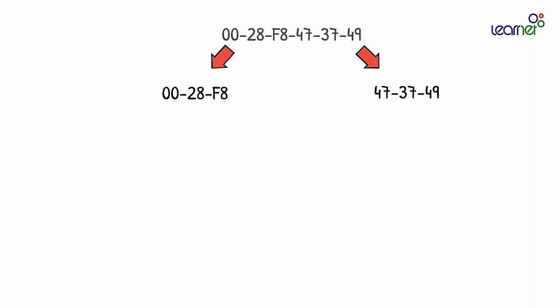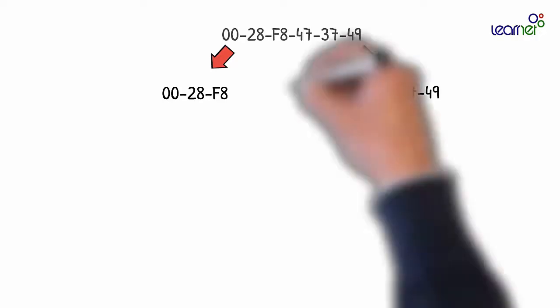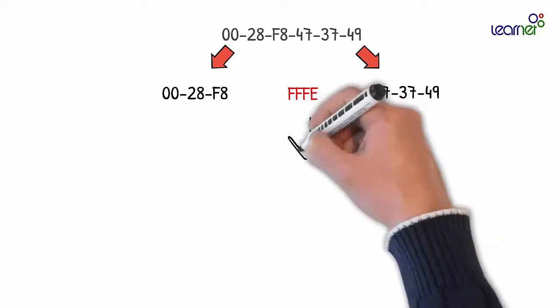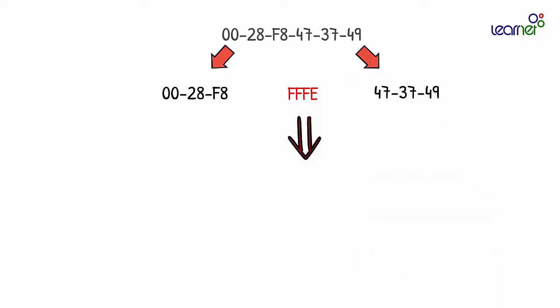The first 6 characters in the first part, and the next 6 characters in the second part, and then we inject FFFE in the middle of these two parts. So for example, if this is our MAC address and we divide it into two separate parts and inject FFFE in the middle, the result would be what you can see in this slide.